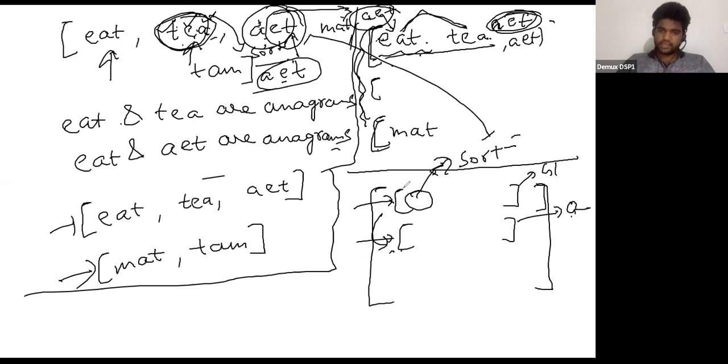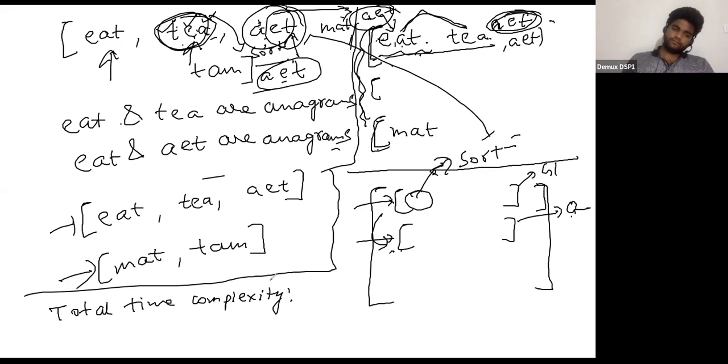So if I represent a group in this fashion in a 2D vector, what is the total time complexity of this brute force solution? So what are you doing?